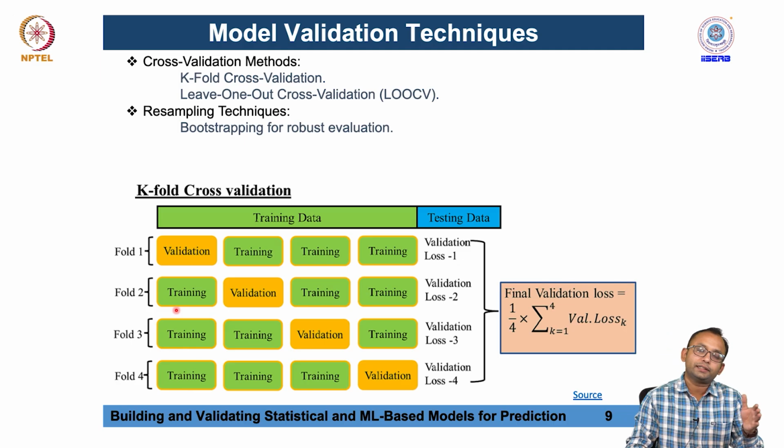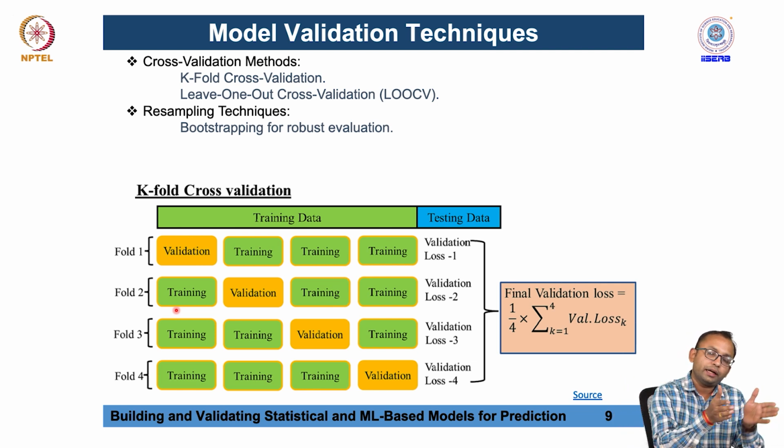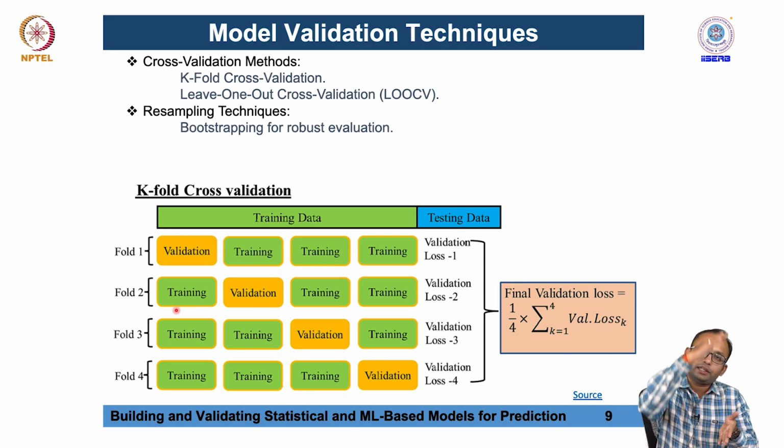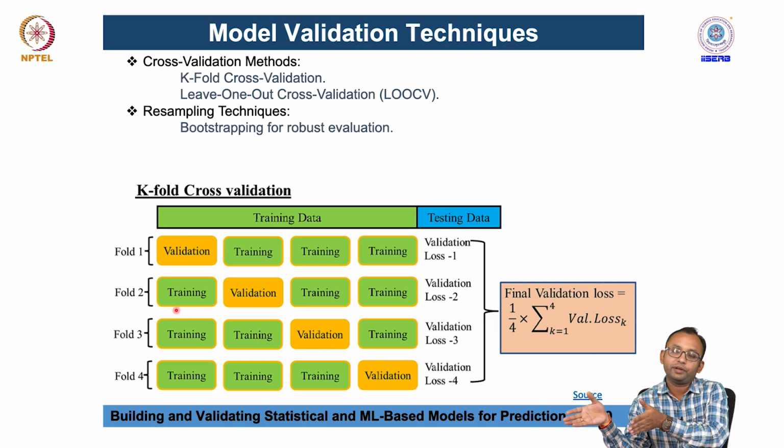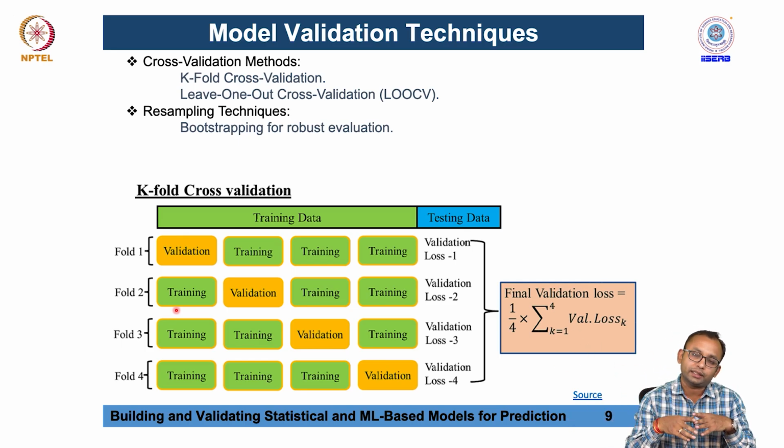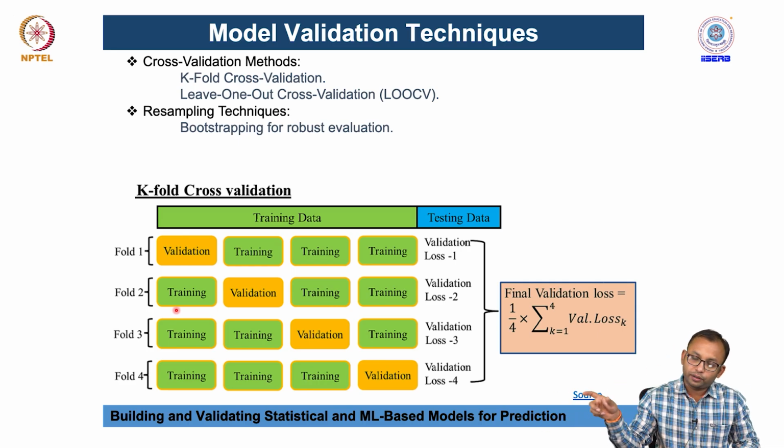It is possible that, let us say, you have collected the data from the 1960s to 2024. In one period of time, let us say 1980 to 2000, we have very extreme, high events, but after 2000 we do not have that many extreme events. So, when we select different parts of the data set for validating the model, we are also exposing that model to those extreme events along with other types of data.